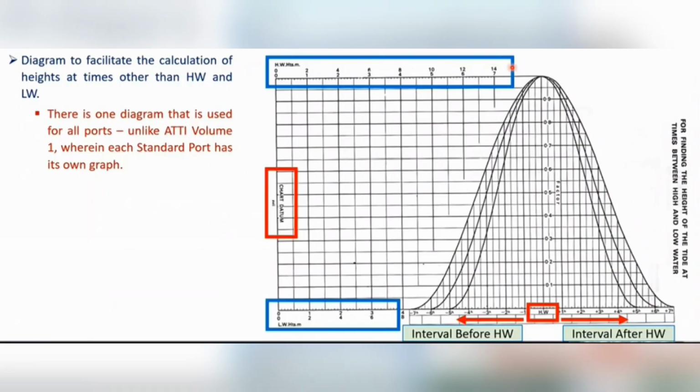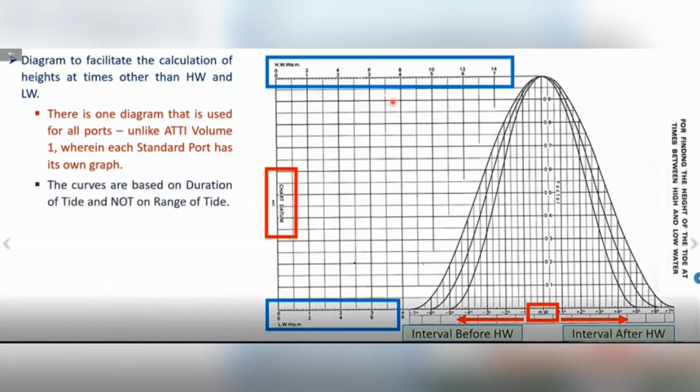And only care that has to be exercised is that whichever scale is being used for marking the height of low water, same scale should be used for marking the height of high water. So please be a little careful here. Okay. So beta, did you understand these two scales which are given in the diagram?